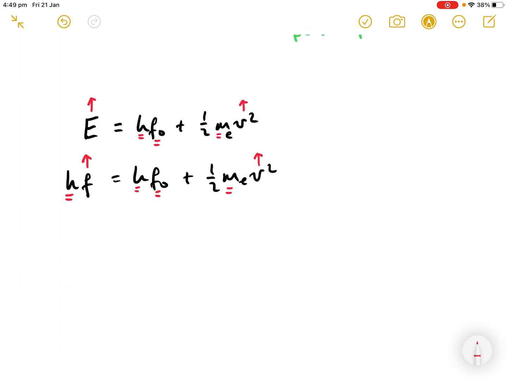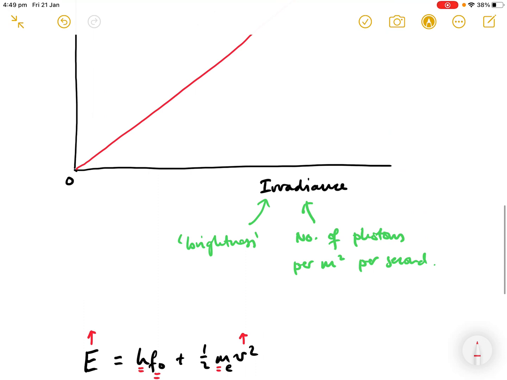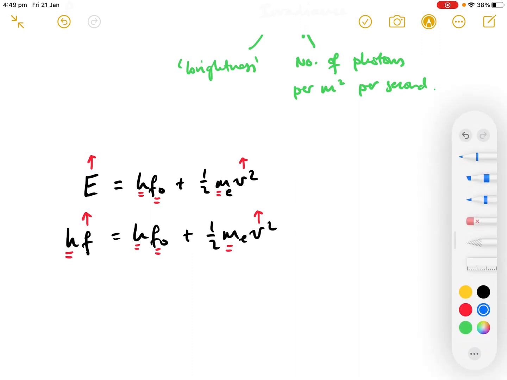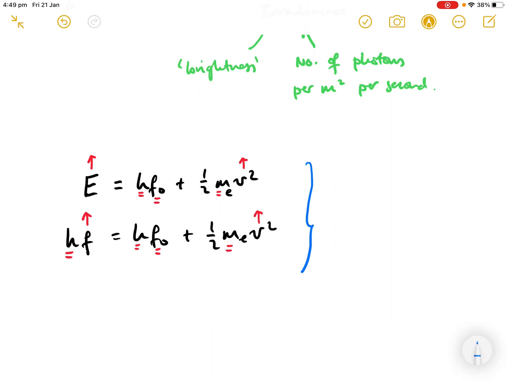Okay, what about the irradiance? Well, if we increase the irradiance, looking at our equation, all that does is it increases the number of photons arriving. This equation describes the situation for a single photon. Worth remembering that, one photon and therefore one photoelectron.